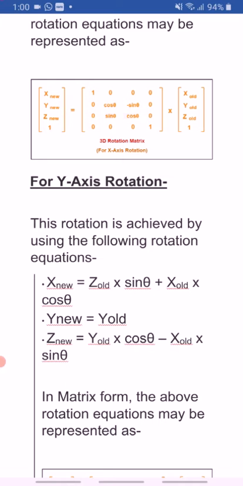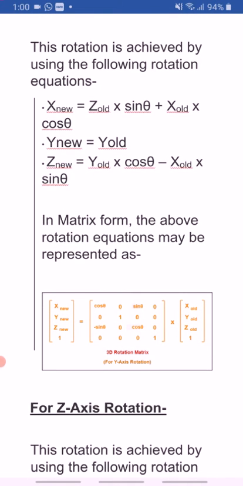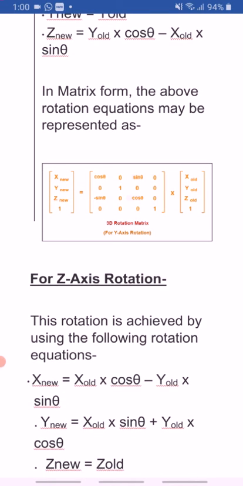And we can find the new z coordinate, z new equal to z old into cos theta minus x old into sin theta. And we can represent the y-axis rotation in matrix form also, as shown in the picture.